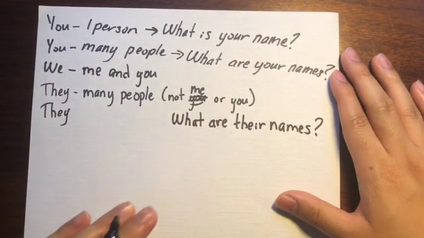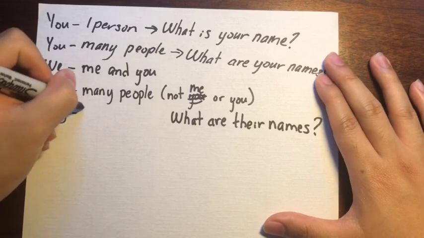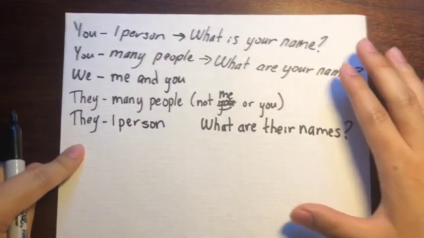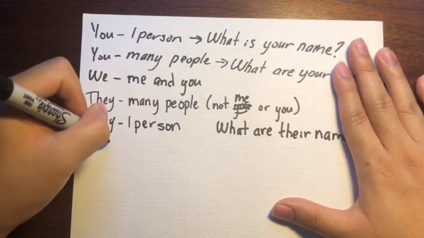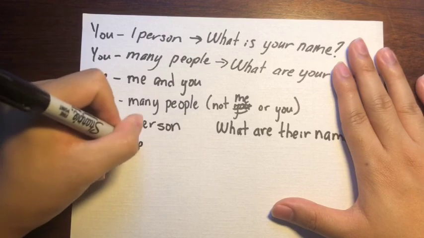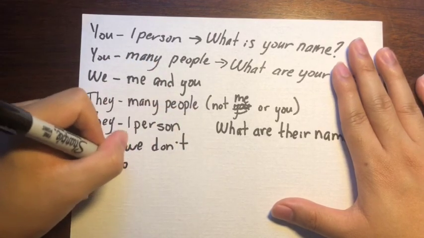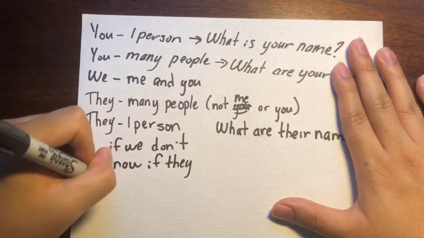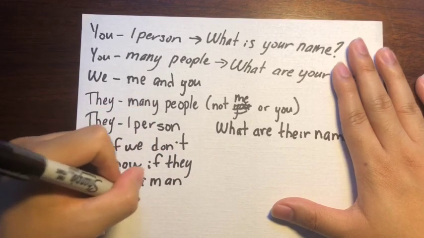This they is for one person. We can use the word they for one person if we don't know if they are a man or a woman.